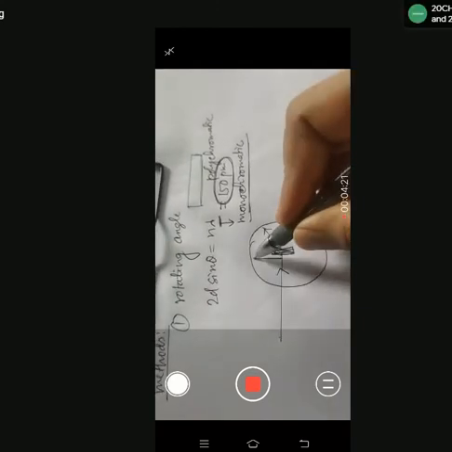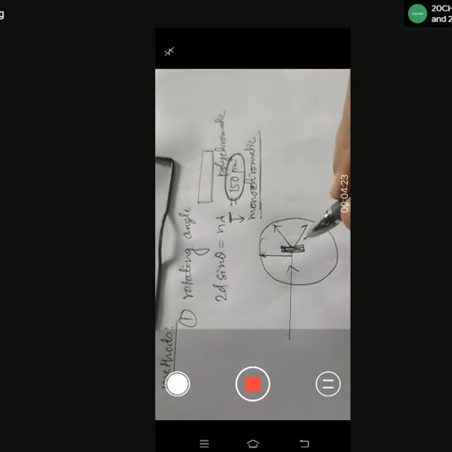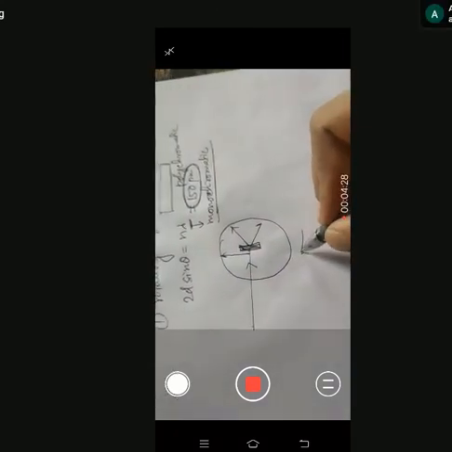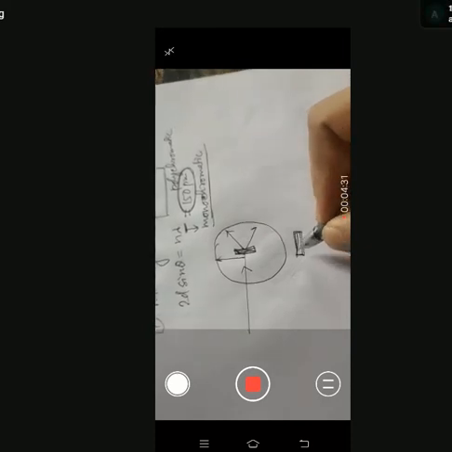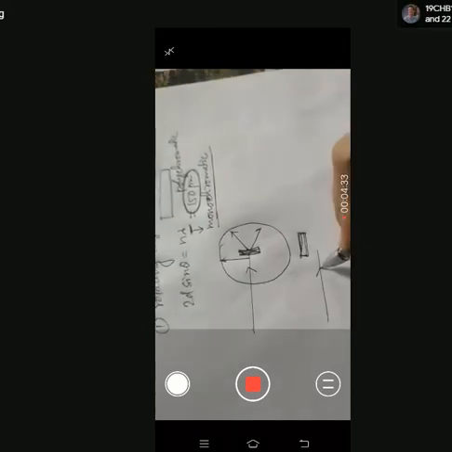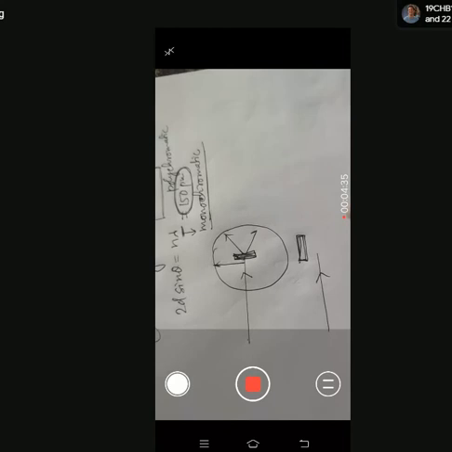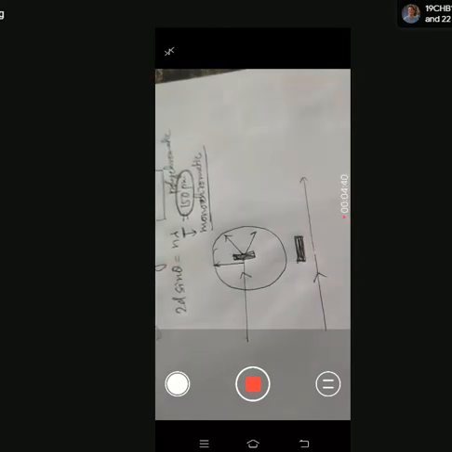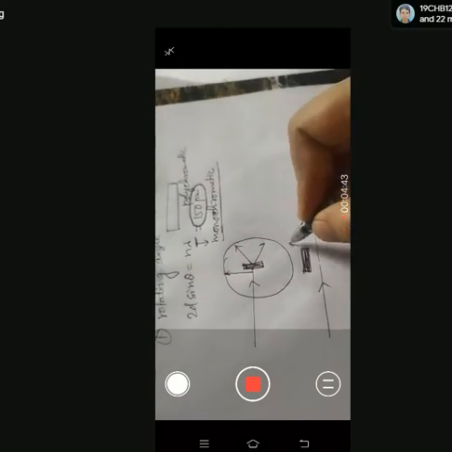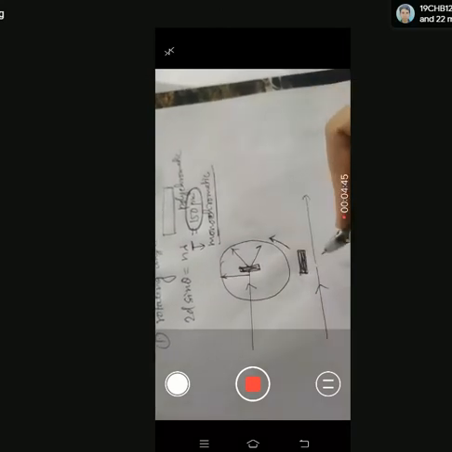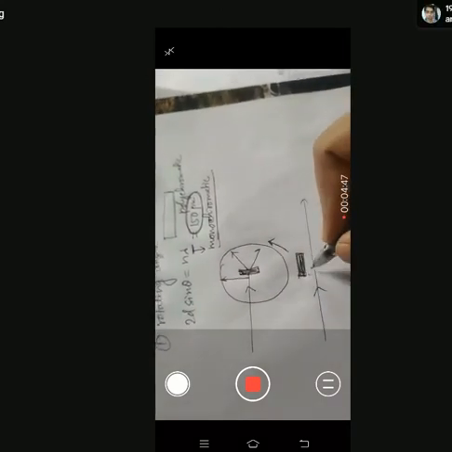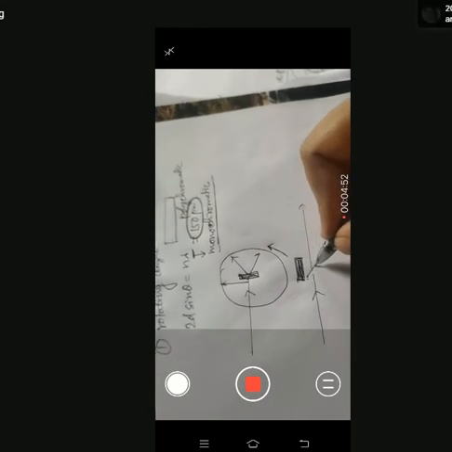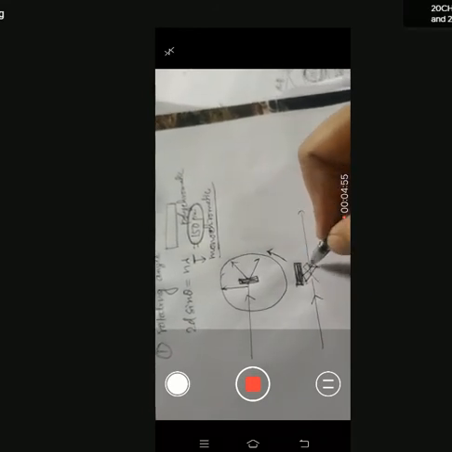But if initially it was like this, and light is coming in this way, the position is not perfectly oriented, so the light will simply pass through. That's why we turn this table continuously, so that the position of the crystal changes, and in some places it will remain like this or like this.